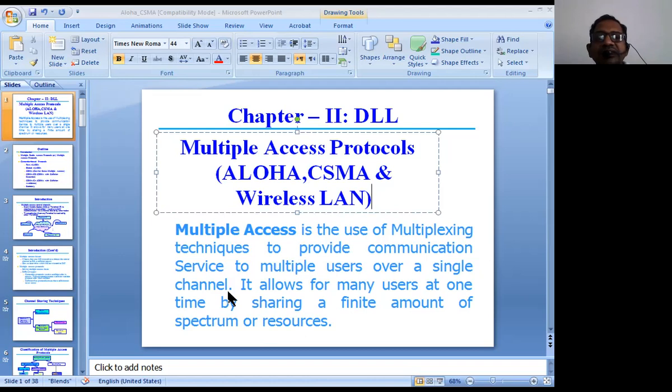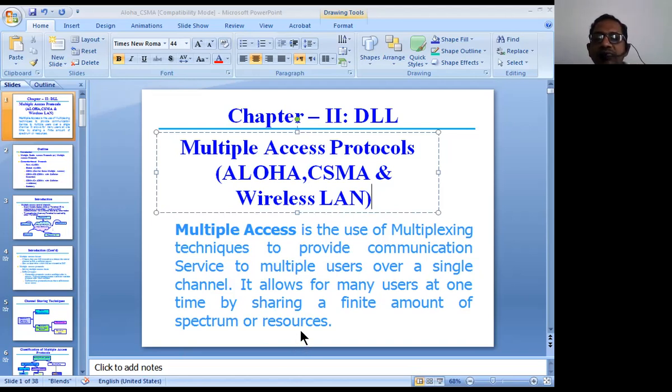So multiple access is the use of multiplexing techniques to provide communication service to multiple users over a single channel. It allows many users at one time by sharing a finite amount of spectrum or resources. We may use hardware resources, or software resources, or we may have a single transmission line, or a finite amount of spectrum available to us.